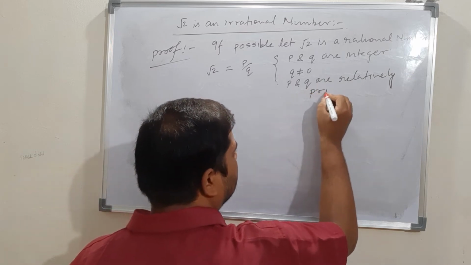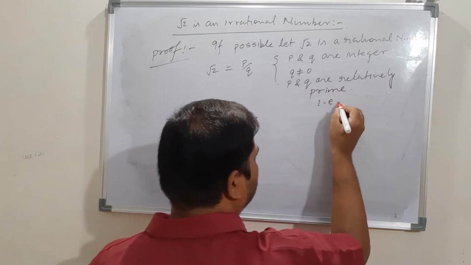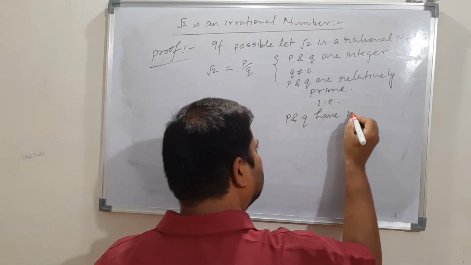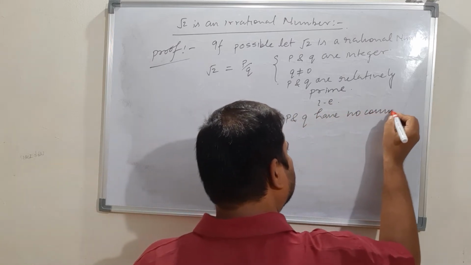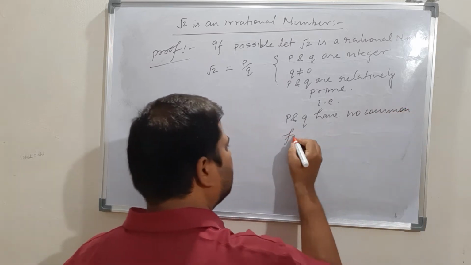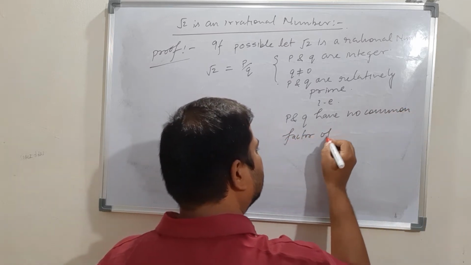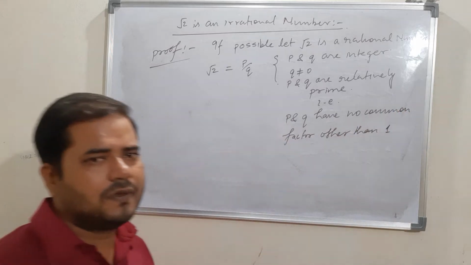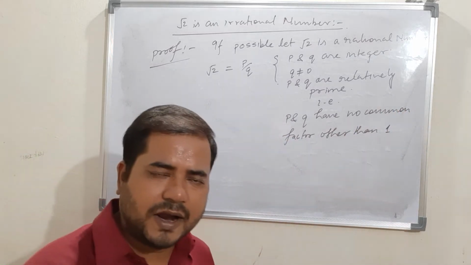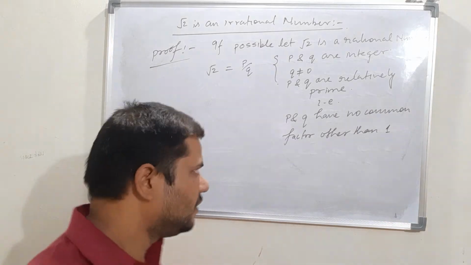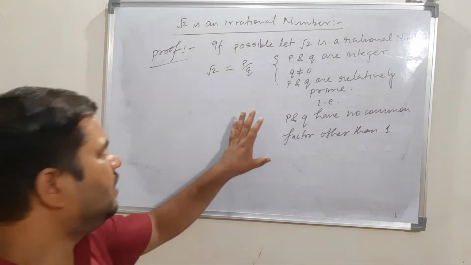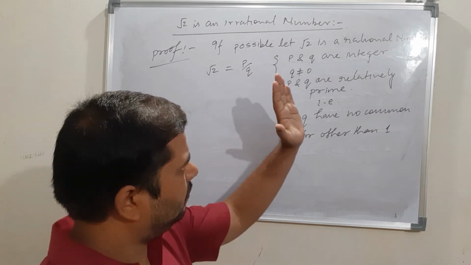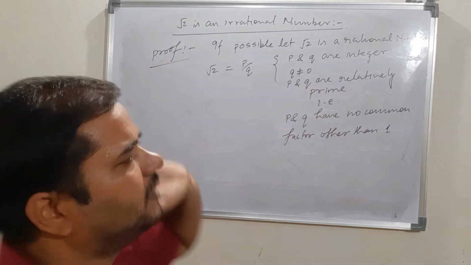Relatively prime, that is, p and q have no common factor other than 1. This is actually the base for proving root 2 is an irrational number.